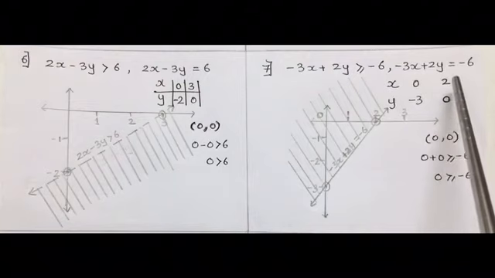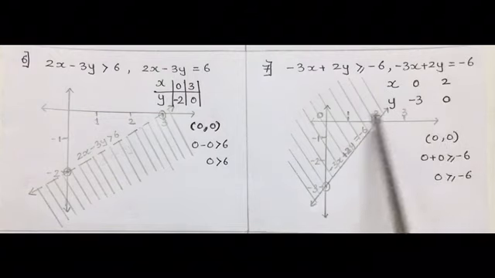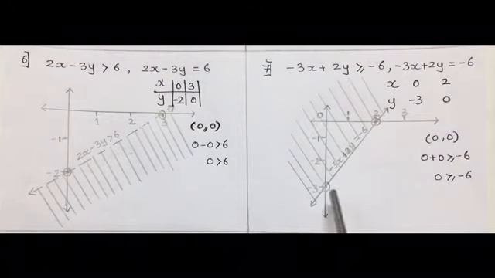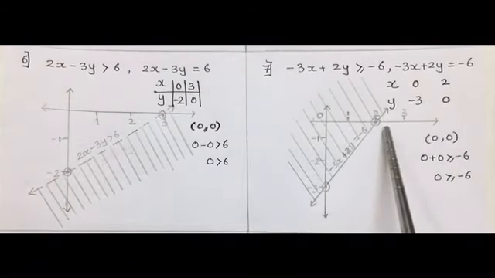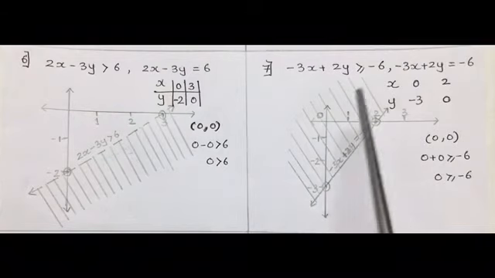If y is 0, then x is 2. So here it is positive x-axis and negative y-axis. Plotting the point 0, minus 3 on y-axis and 2, 0 on x-axis. Here the line will not be dotted as the equality sign is there.